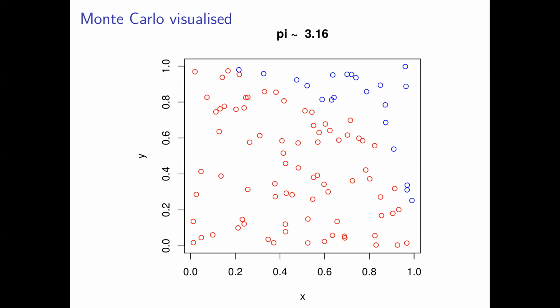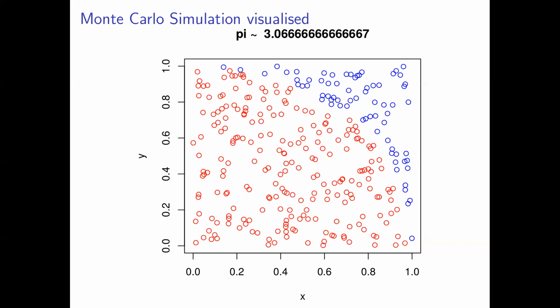So let's see how Monte Carlo simulation works out for trying to estimate the value of pi. We have here 100 random numbers in the unit square, and we look at the proportion of random numbers outside of the quarter of the circle within this unit square, and we see the first approximation is 3.16.